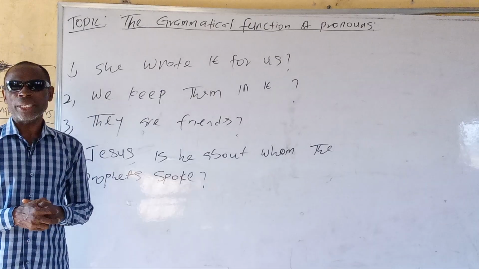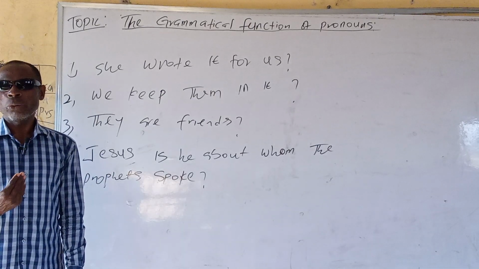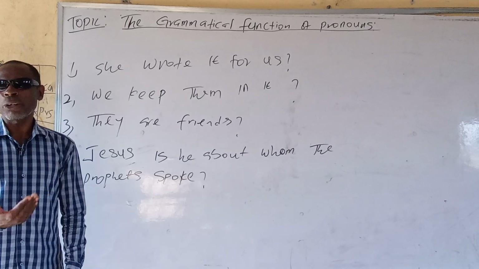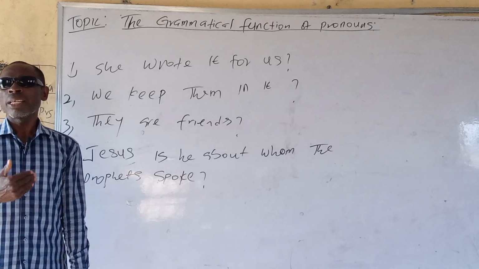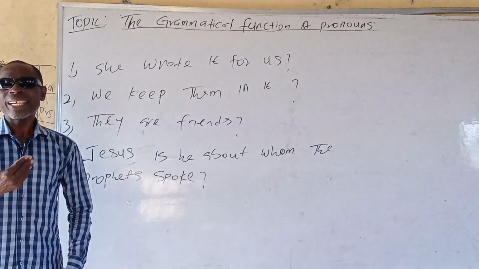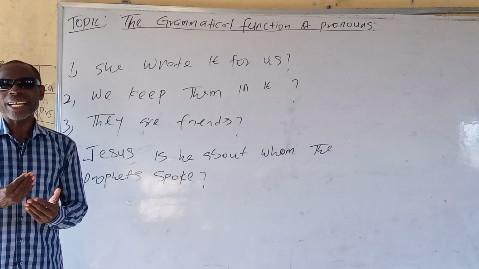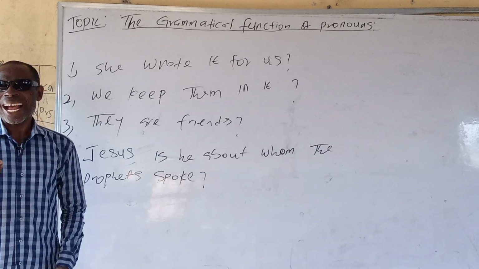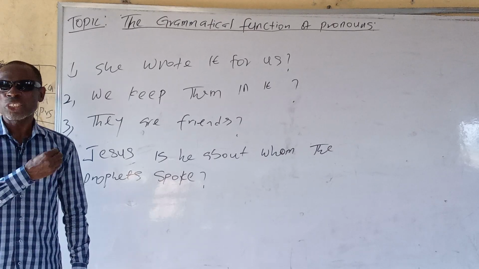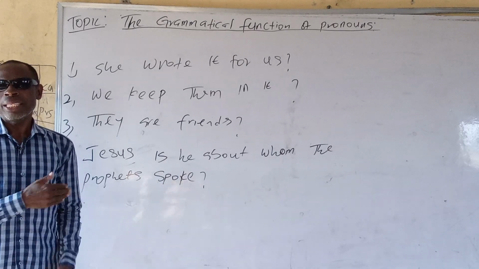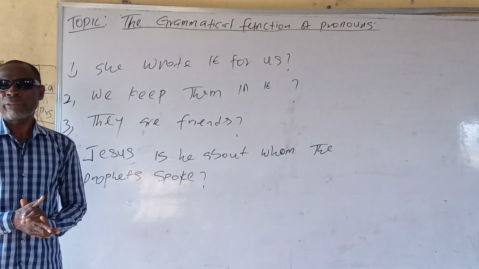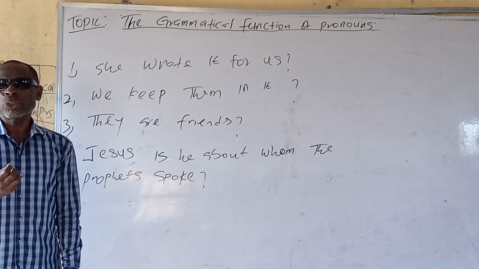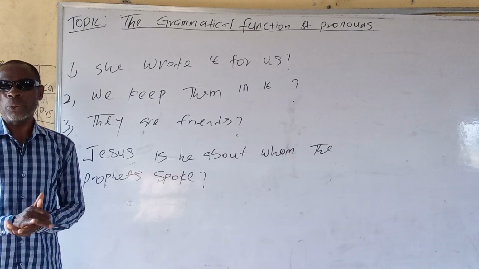Okay, back to our topic, the grammatical functions of pronouns. Now let's take a look at the complement of the verb. The complement of the verb is that word that follows the main verb in a given sentence as a reference to the subject of the verb. Let's take sentence 4 for example. Jesus is he about whom the prophet spoke.